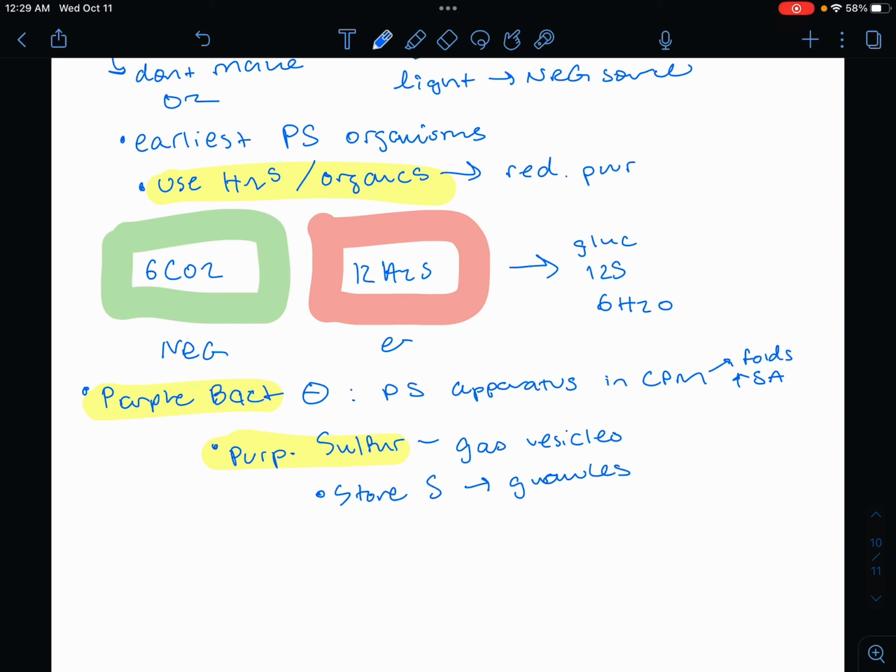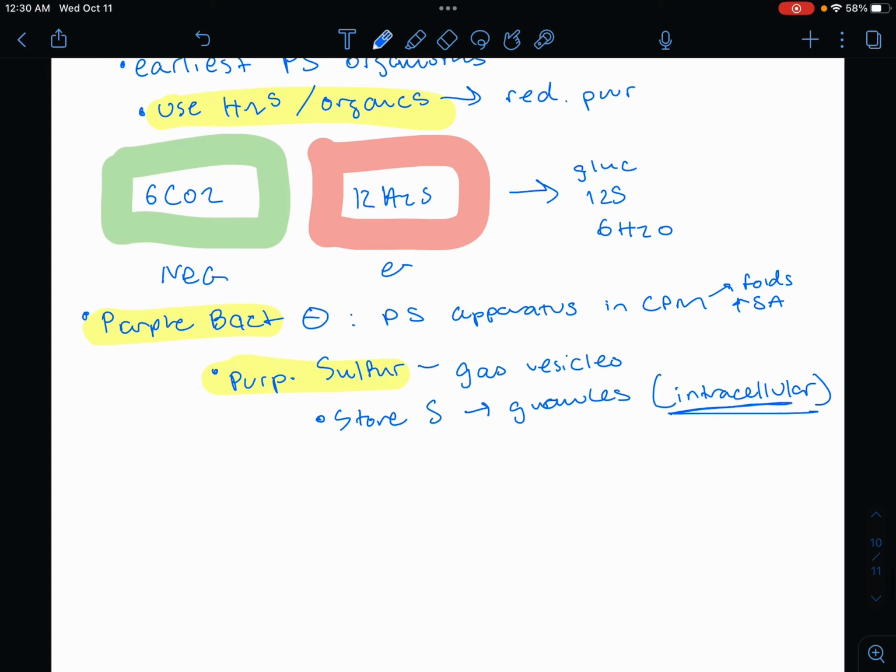And these are going to be intracellular. Intracellular is a key point here because another type of purple bacteria will actually store outside. They're going to use H2S as the reducing power.